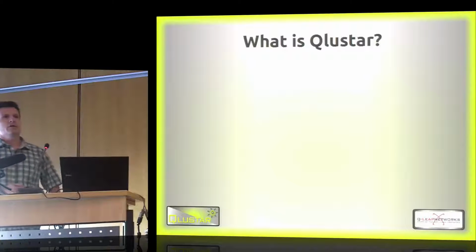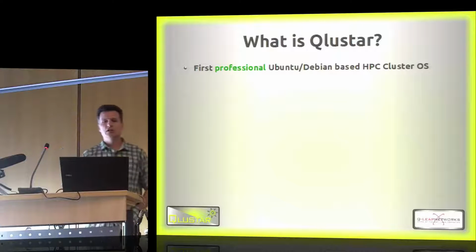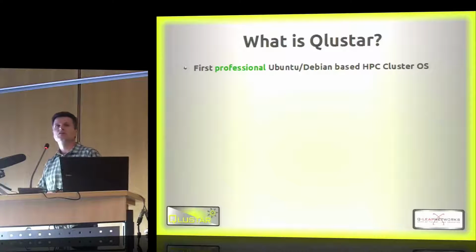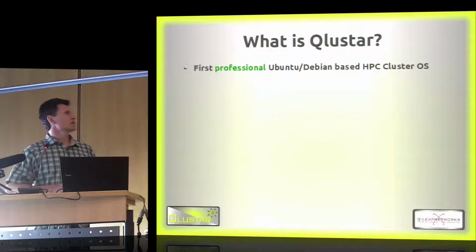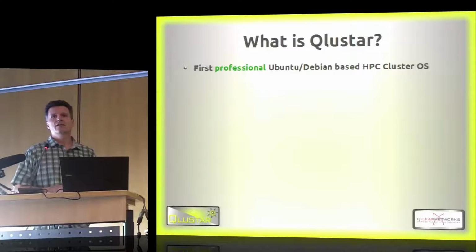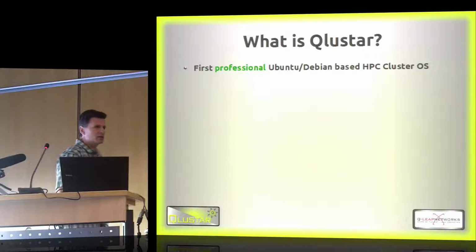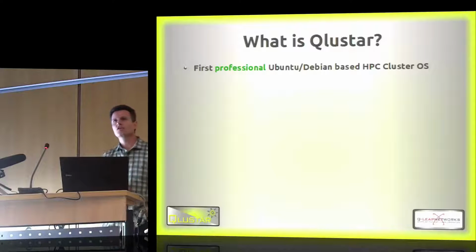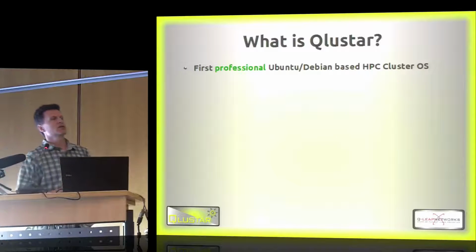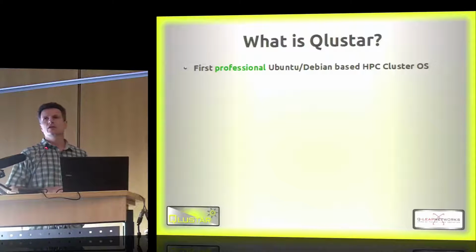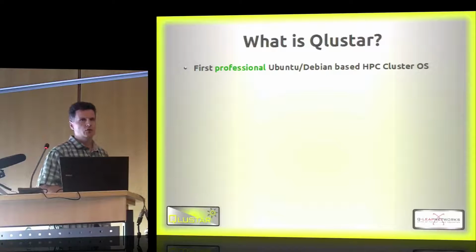So what is Qlustar? Well, it's actually the first professional Ubuntu Debian-based HPC cluster operating system. It had its first public release at the end of last year. But it's actually not a completely new system, because it evolved from a former product of QLib Networks, which was installed and sold together as a complete solution tied to a specific hardware company.